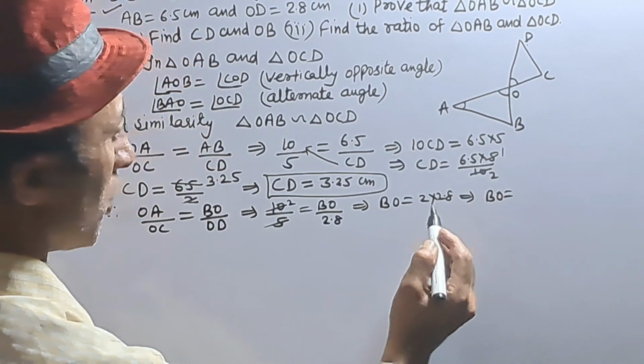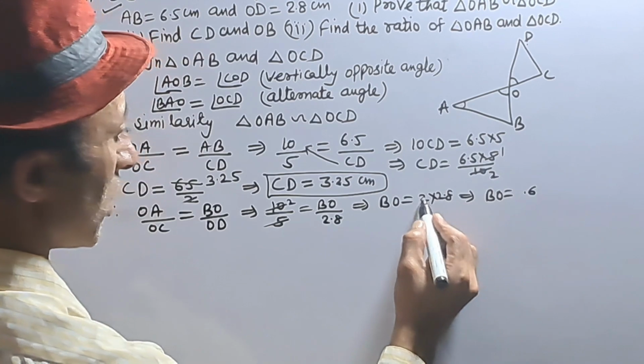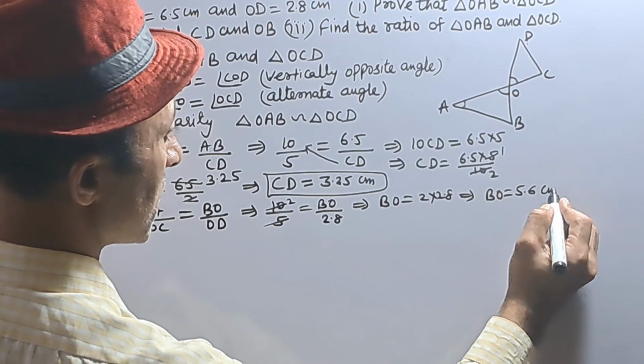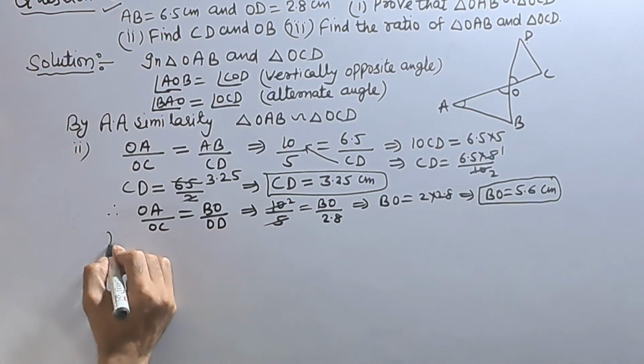BO is equal to 8 twos are 16, 2 twos are 4, 5.6 centimeter. Answer.